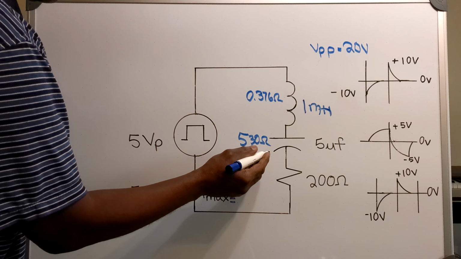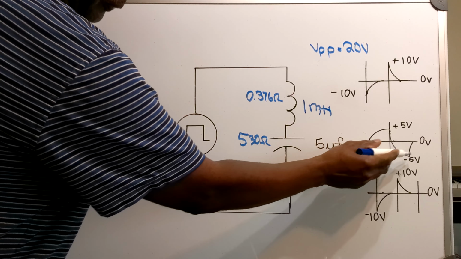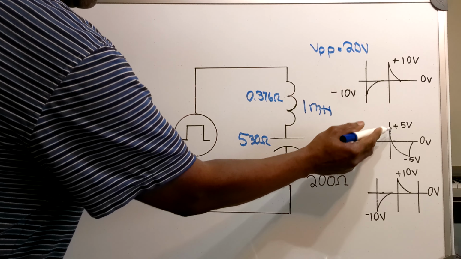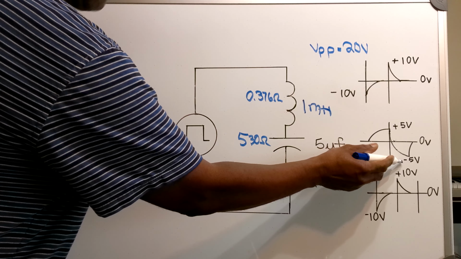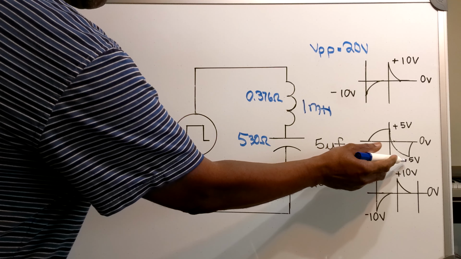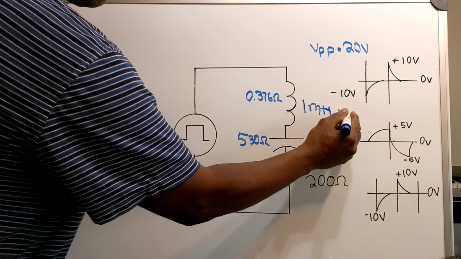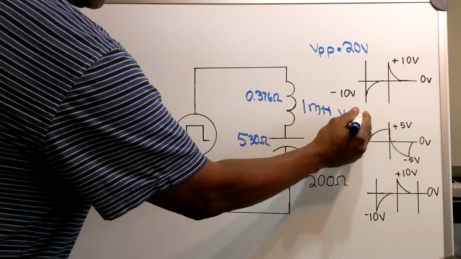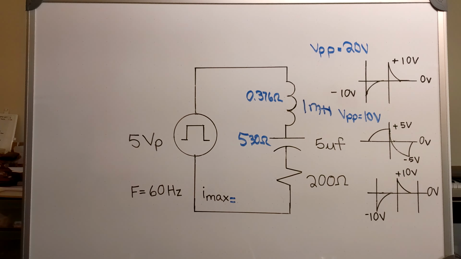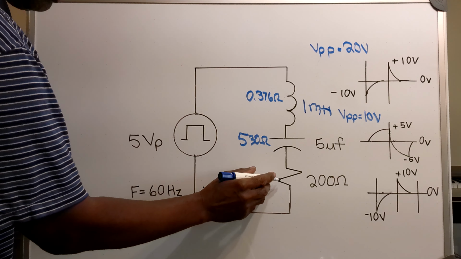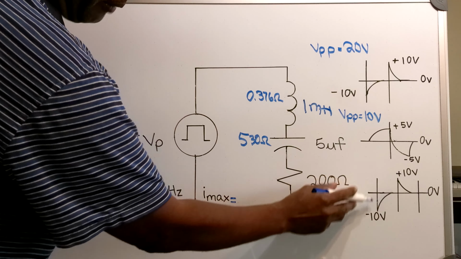Now across my capacitor, this is the shape of my output waveform. Plus 5 volts at the top, minus 5 volts at the bottom. And this will give me a peak-to-peak voltage of 10 volts. And across my 200 ohm resistor, this is the shape of the output waveform.